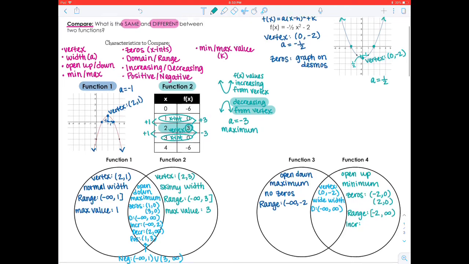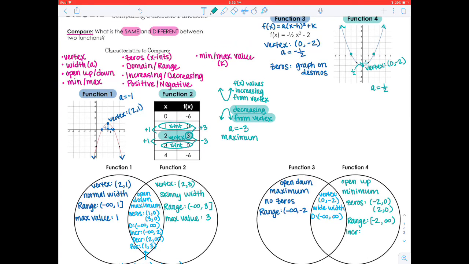On function 4, it's increasing on the right side. So the x values that happens at are from 0 to positive infinity. And then it decreases on the left side. So least to greatest again, from negative infinity to 0.